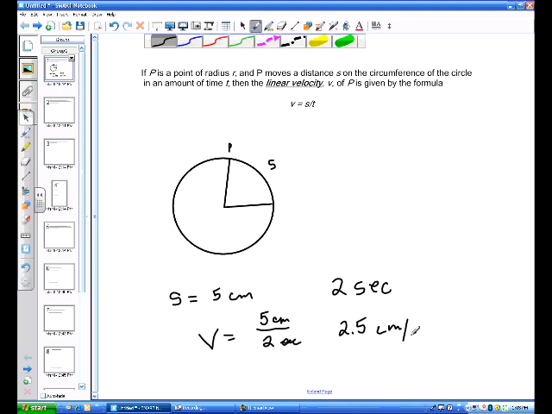And our answers here will be given as a unit of length over time. And so we can get our linear velocity, or the speed that it is traveling.